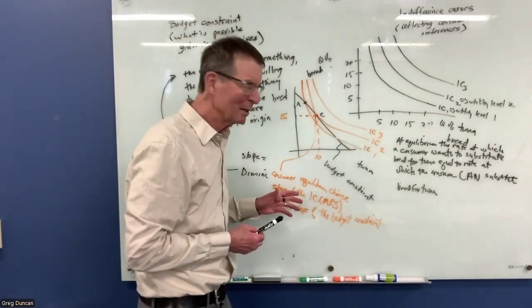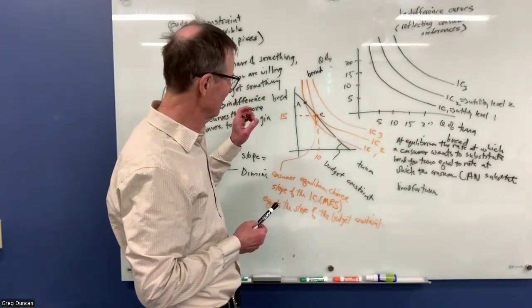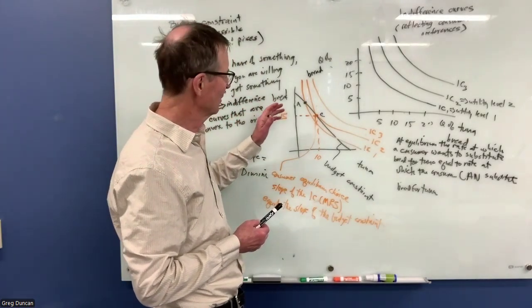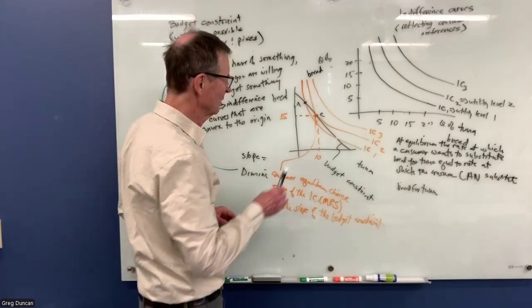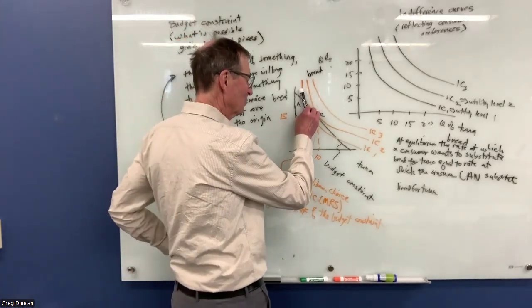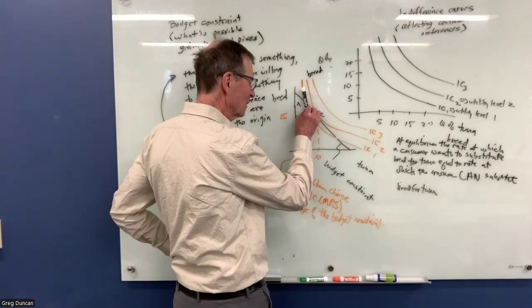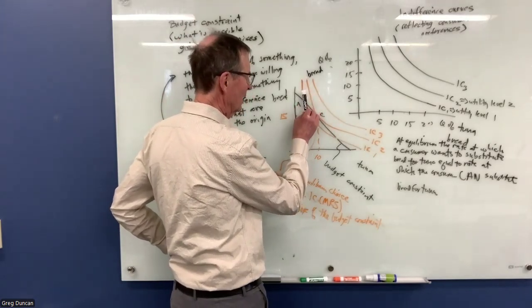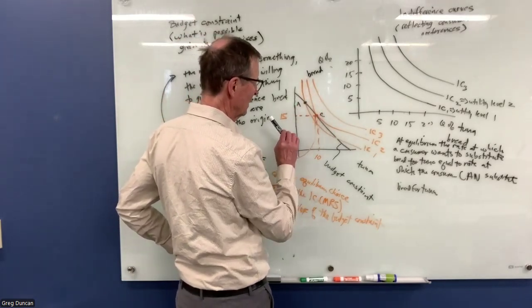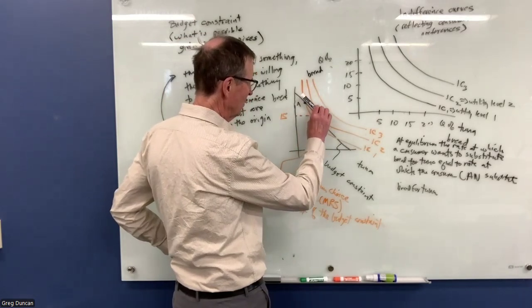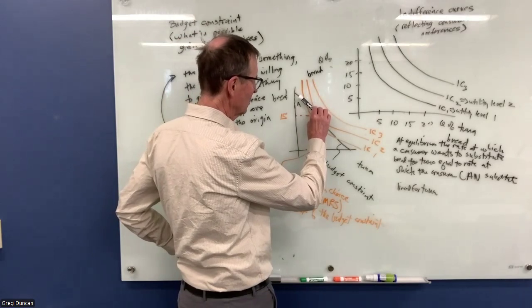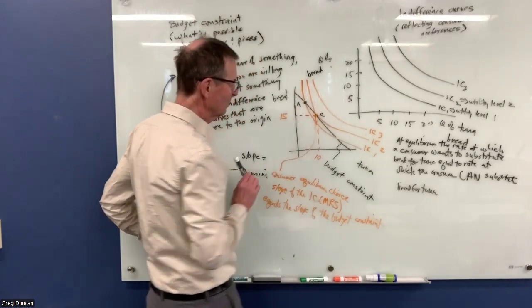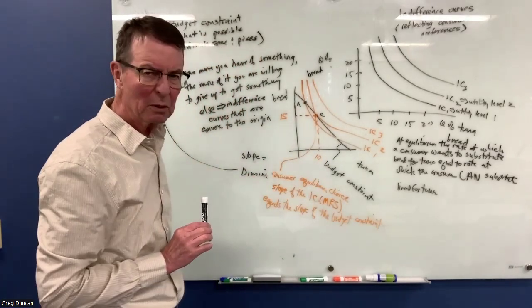So the bottom line, I'll give you the answer here. We'll have many chances to apply this, but the slope here is steeper, so the rate at which the consumer is willing to give up bread for tuna is going to be less than the rate at which they can, right? So they go ahead and do it.